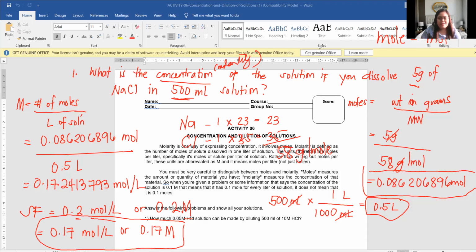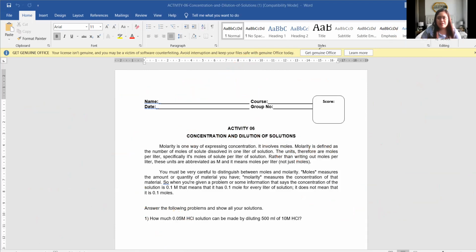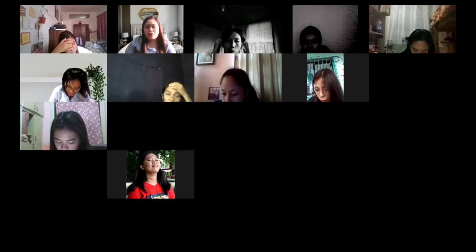None. So let us have another example, then we will move on to dilution. So again, to give you another example for the computation of molarity, this is example number 2.